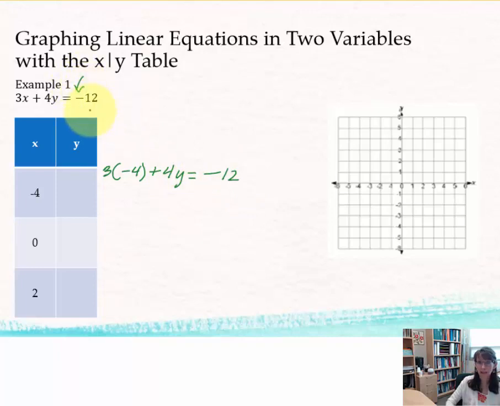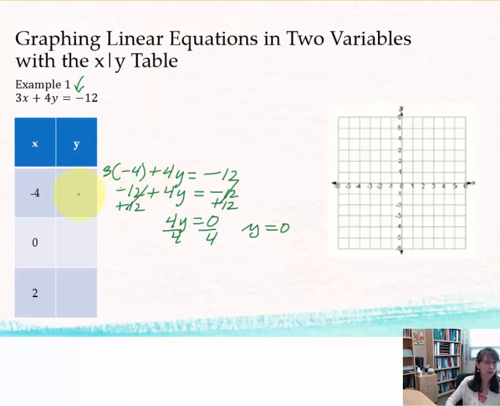There is a negative given with 12. 3 times negative 4 would be negative 12 plus 4y equals negative 12. If I add 12 to both sides of the equation now, I can see that it's eliminating on both sides, so 4y is equal to 0. When I divide by 4, I get a y value of 0. So our first ordered pair is negative 4, 0.